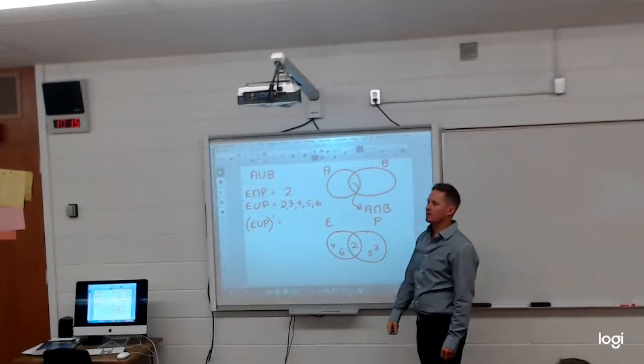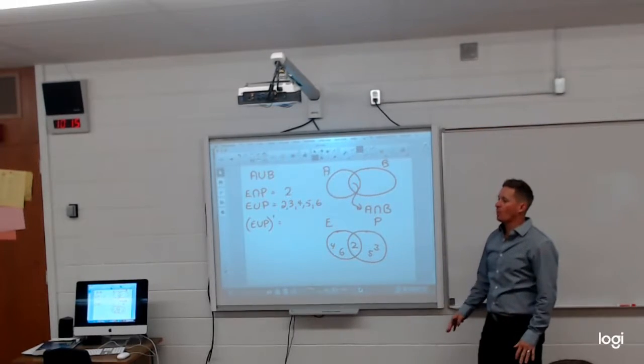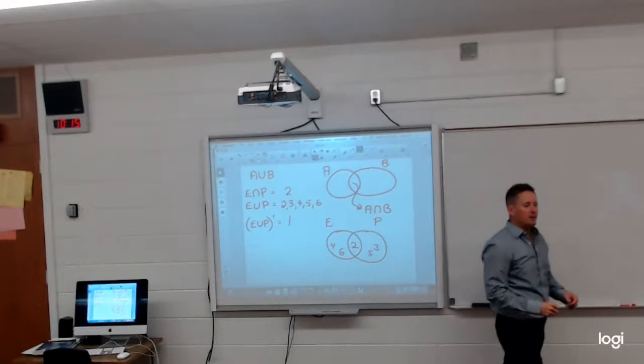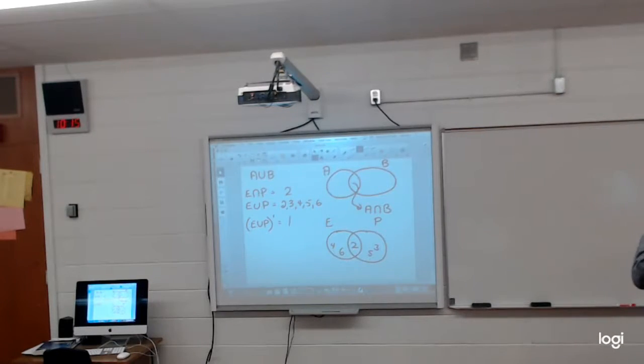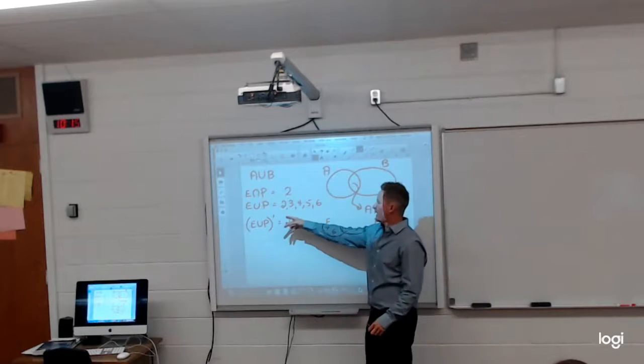The dash thing means without. So even or prime without. Okay, you're on the right track. What is the answer then? One. There it is. Okay, so that notation actually means even or prime, but we don't want either.